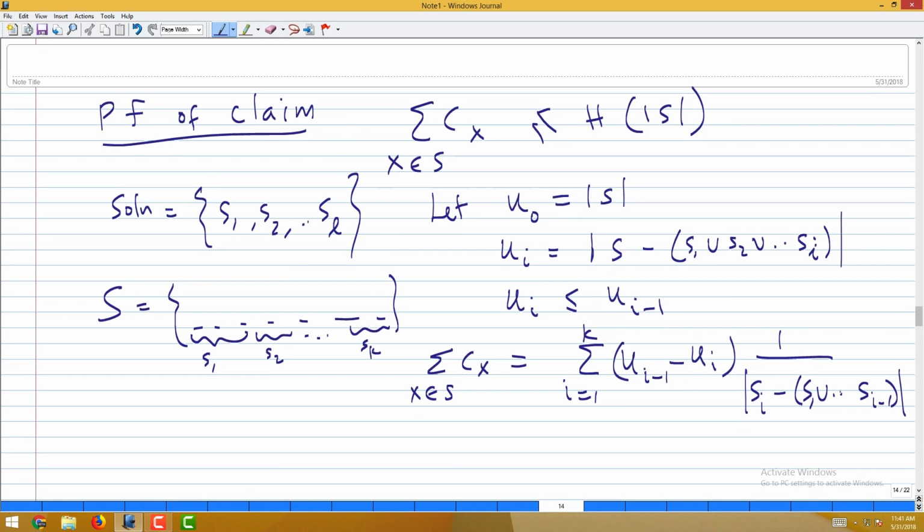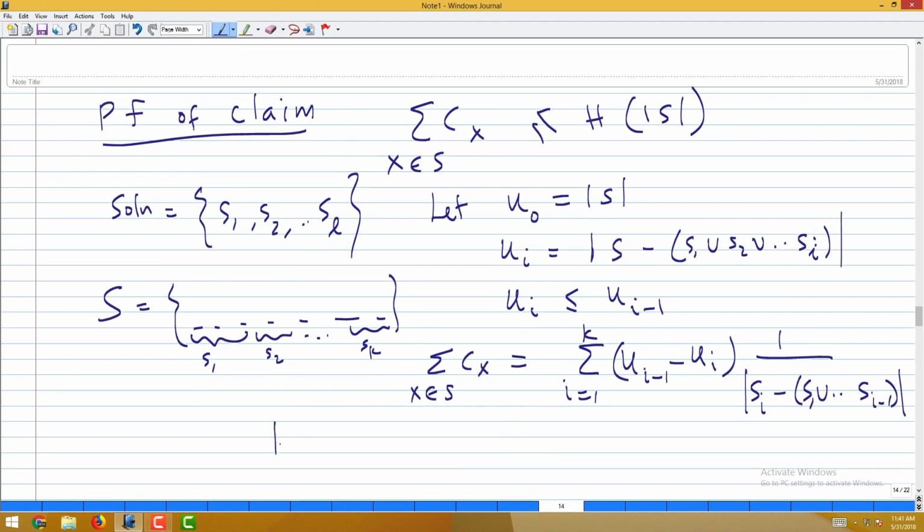Now I want to claim that this is less than or equal to the following. So now look at S_i minus S_1 union up to S_{i-1}, and S minus S_1 union up to S_{i-1}. Let me write this here.